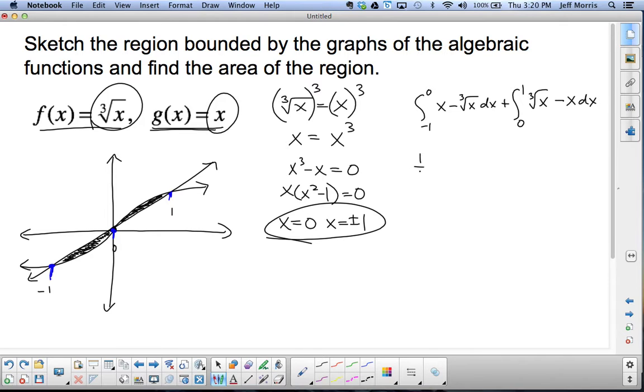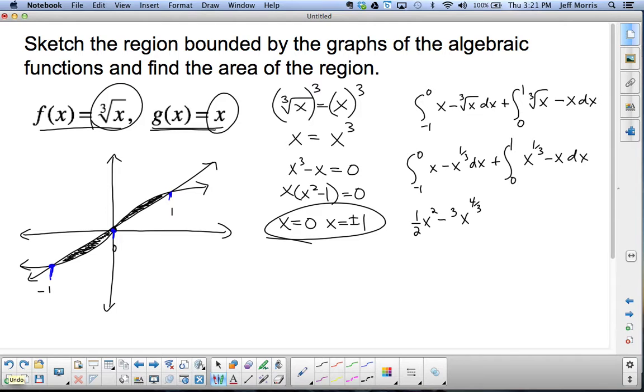So we'll rewrite the integral: -1 to 0 of x minus x to the 1/3 dx, plus the definite integral from 0 to 1 of x to the 1/3 minus x dx. Integrate, we're going to get 1/2 x squared minus x to the, if I had 3/3, that's 4/3.